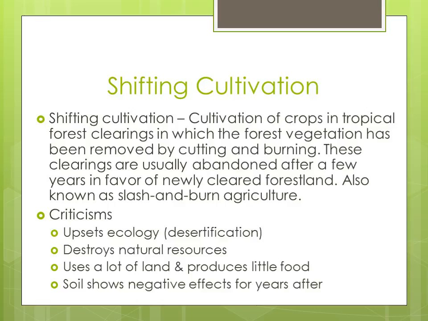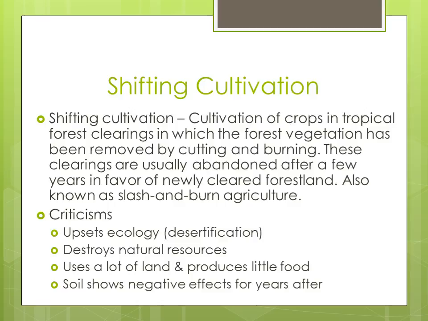Whether that is for nomadic herding with overgrazing, or the use, or we should say abuse, of the soil when it comes to shifting cultivation, can lead to the expansion of desert-like conditions. Obviously, when you're cutting down trees, that is destroying natural resources. And shifting cultivation has a lot of competition with logging and mining companies for access to land, as we're going to see here in just a minute.